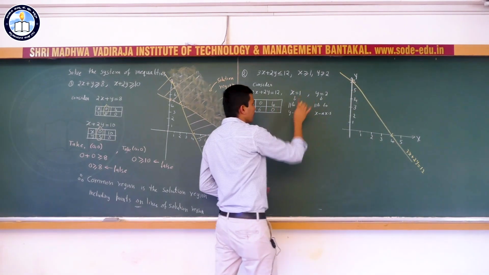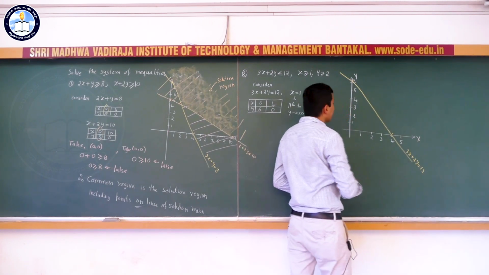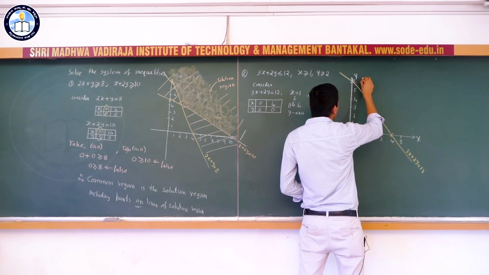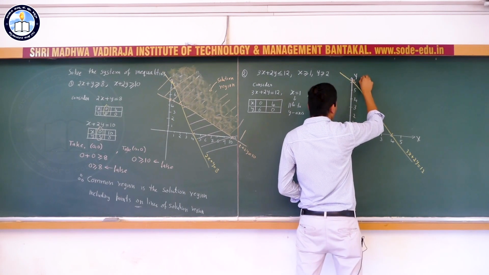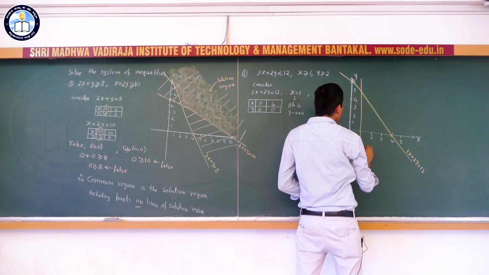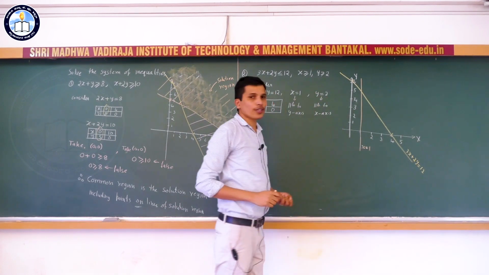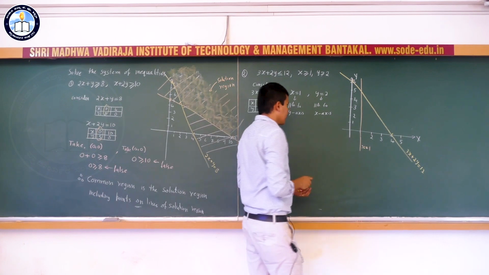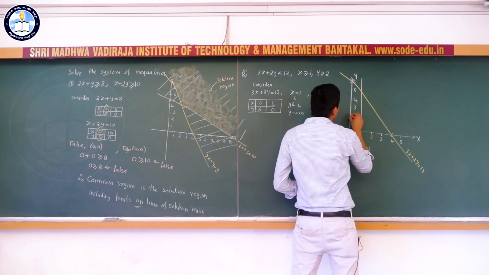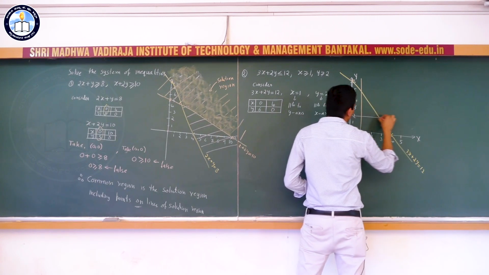And x is equal to 1 is a line parallel to the y-axis, so I need to draw that full line. And this particular line is parallel to the x-axis at a distance of 2 units. I'll draw that here. It is y is equal to 2, parallel to the x-axis.